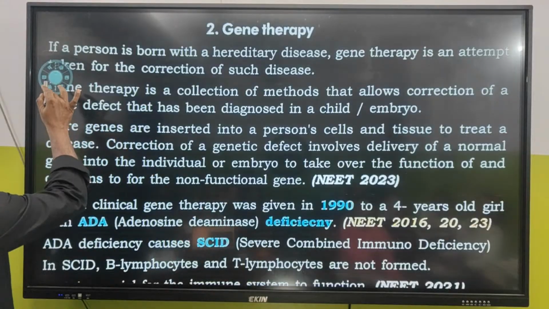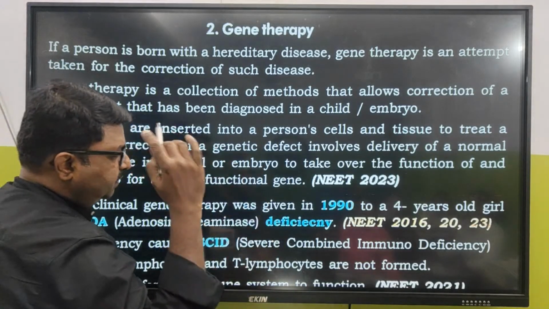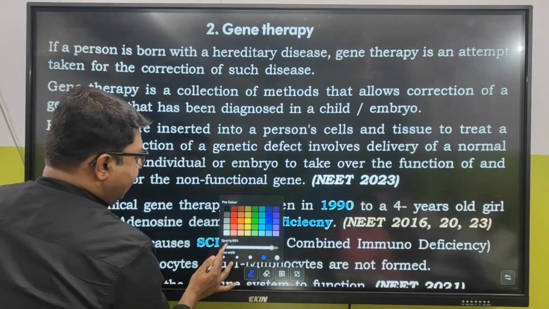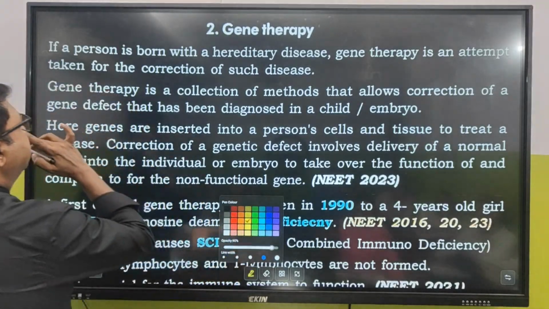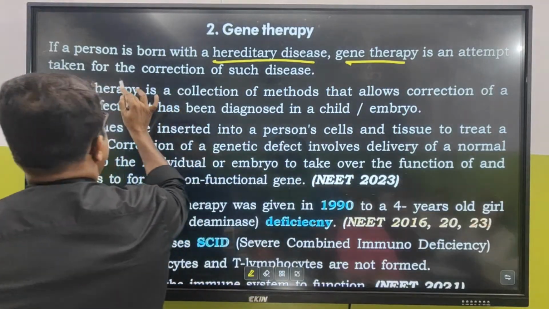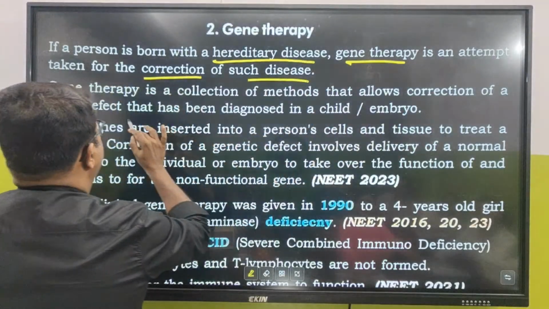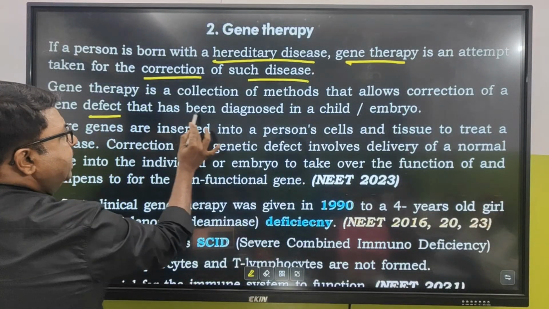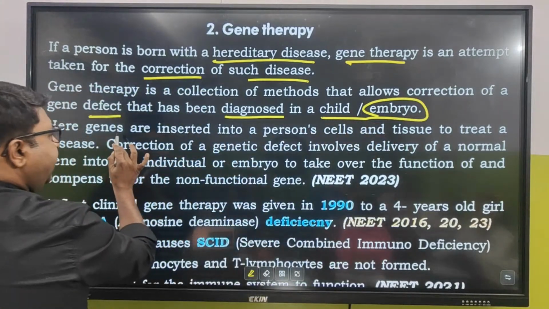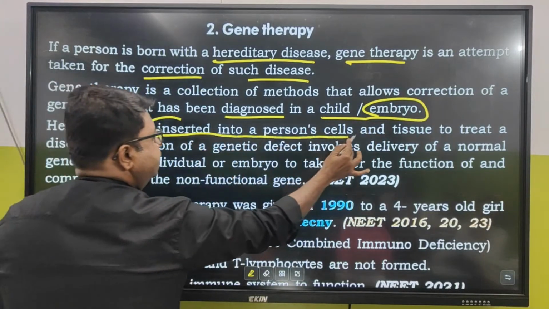Okay, all of you listen to me. Now to crack your exam, these are the information which are needed. If a person is born with a hereditary disease, gene therapy is an attempt taken for correction of such disease. Gene therapy is a collection of methods that allows correction of a gene defect that has been diagnosed in a child or embryo. Here genes are inserted into a person's cells and tissues to treat a disease.